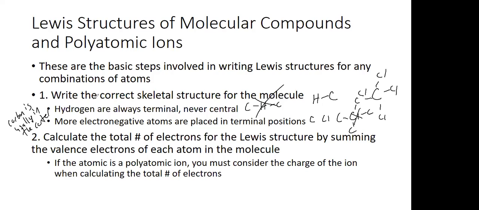We are only given a set number of electrons to play with. Those electrons are determined by the valence electrons of every atom in the molecule. So when putting together these structures, make sure all the electrons are accounted for. You cannot leave off electrons. You cannot add additional electrons. If you have charges, you have to account for those as well. Negative charges, you gain electrons. Positive charges, you lose electrons.